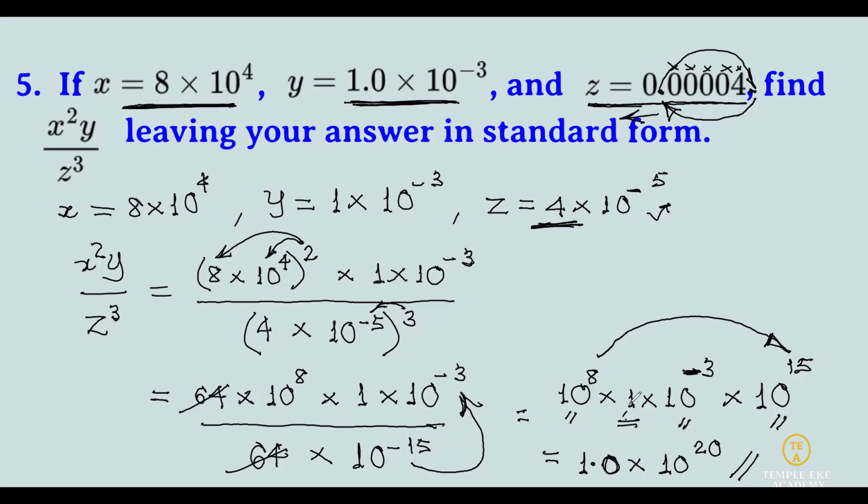Final knockout, retention of the 1 as 1.0 standard form, and now combination of the powers of 10. 8 plus 15, 23, 23 minus 3, 20. Very simple. Let us consider another example.